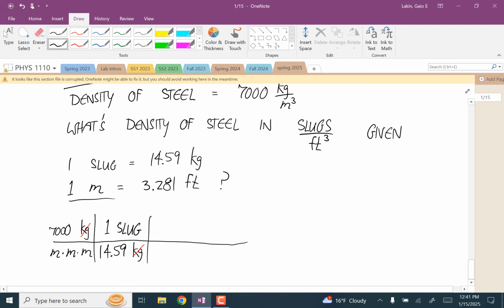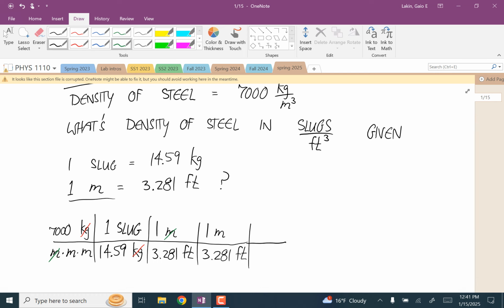And now meters to feet, we have 1 meter is equal to 3.281 feet. And then we have to do it 2 more times. 1 meter is equal to 3.281 feet. One more time. 1 meter is equal to 3.281 feet. And now just divide out the numbers.